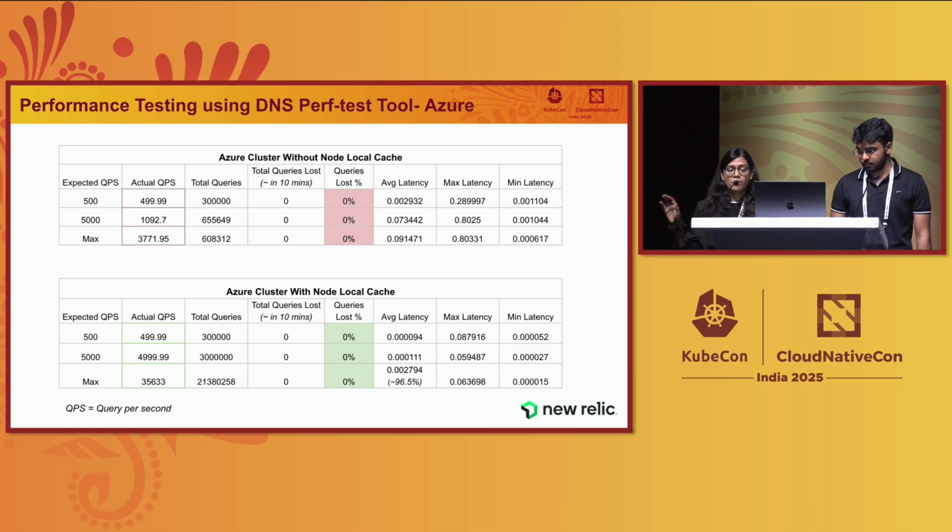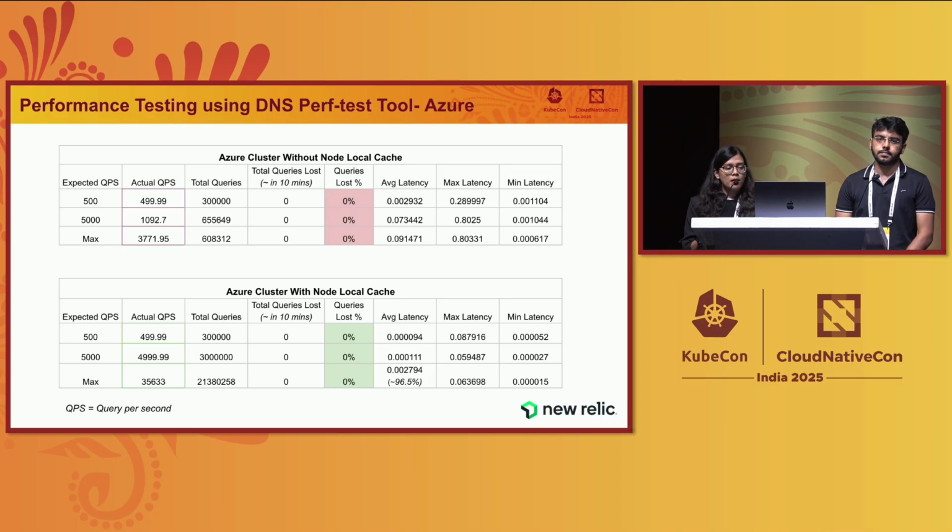And it's no magic. In New Relic, for all the Azure clusters, we use Cilium CNI under the hood. For those who don't know, Cilium CNI is known for its high-performance DNS and networking capabilities, and so there were no packets dropped here.